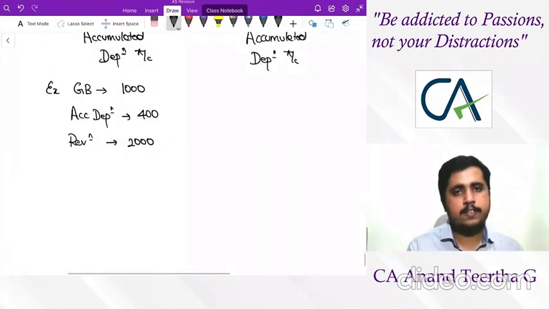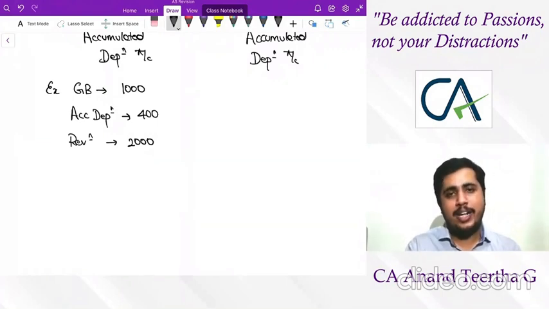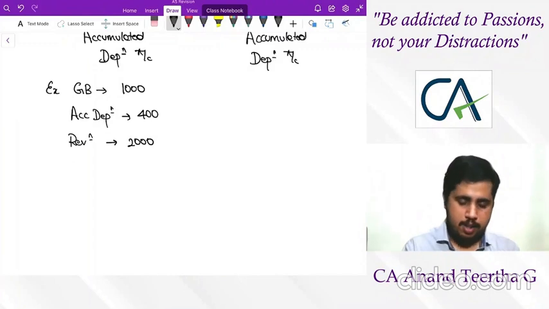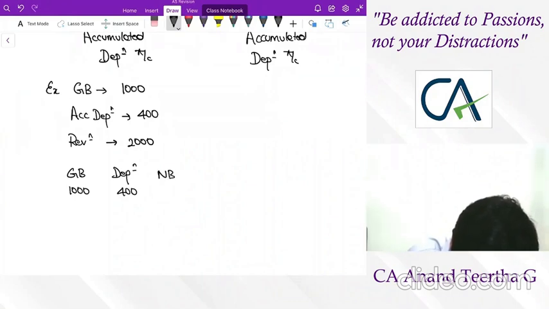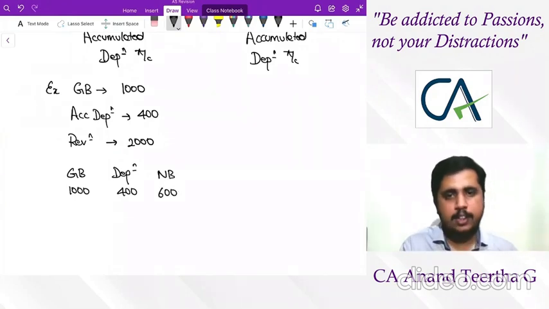Now, in this case, if I want to retain the accumulated depreciation account, then how is it supposed to be done? First see that if gross block is 1000 and depreciation is 400, then net block is 600, isn't it?